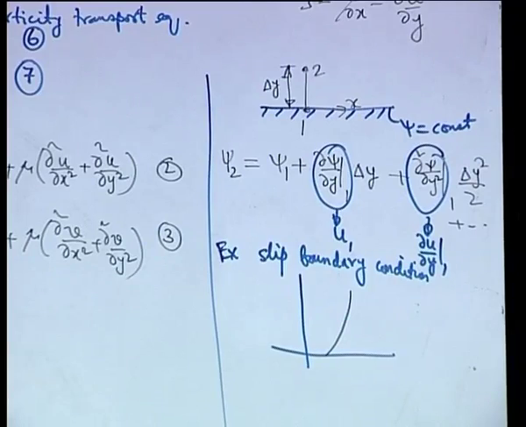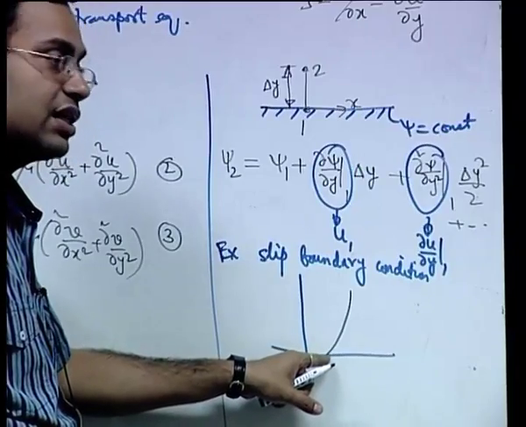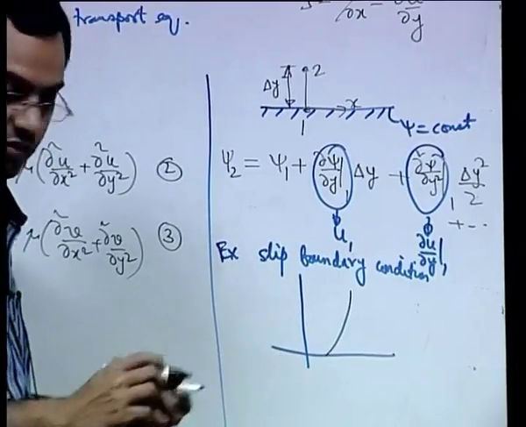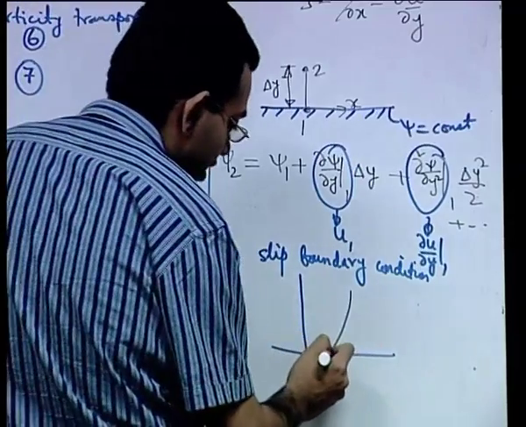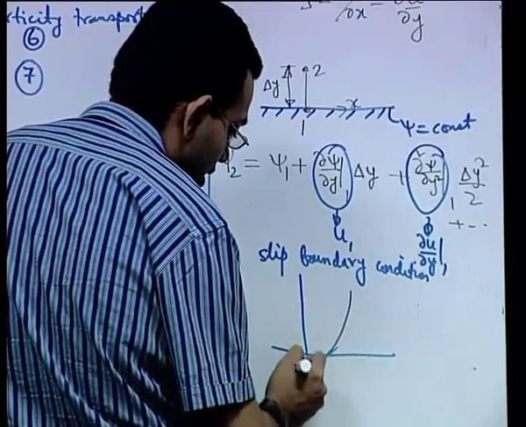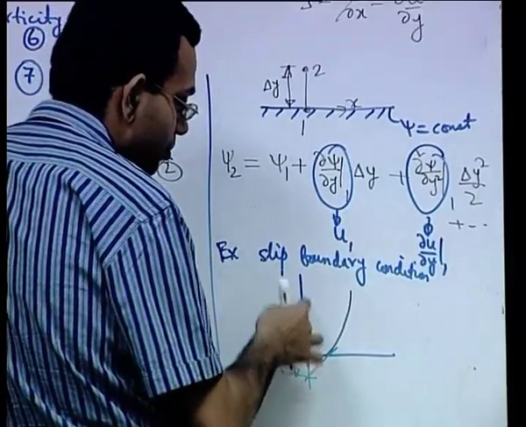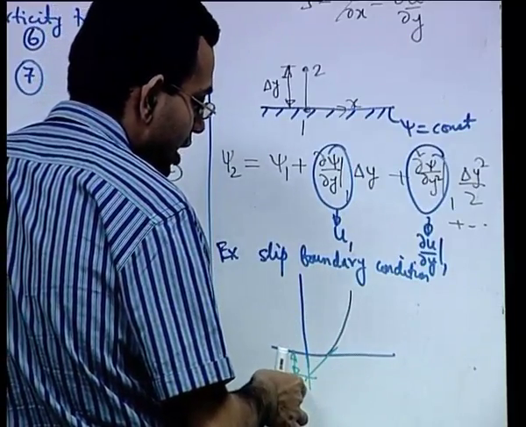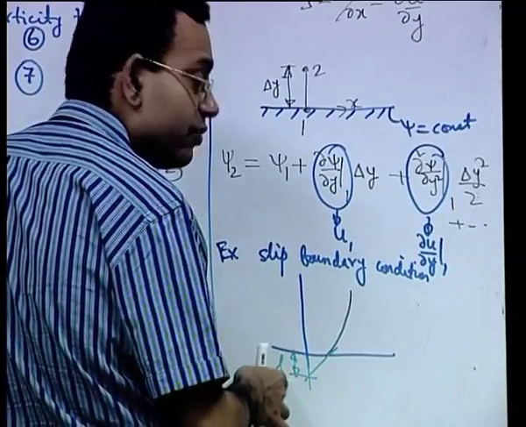you have the velocity profile which does not show 0 velocity at the fluid solid interface. So, then what do you do? You draw a tangent to the velocity profile, and that extrapolated will meet the vertical line at 0 velocity at a distance L from the wall.